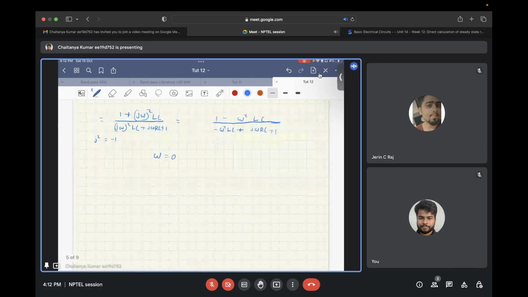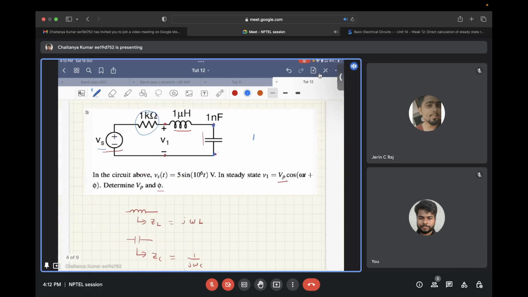That is omega equal to 0. And do we have it over here? If we put omega equal to 0 in our derived expression, the term of omega square goes to 0, and in the denominator also the terms with omega square and omega go to 0, and we get H of j0 equal to 1. So this matches the expression.